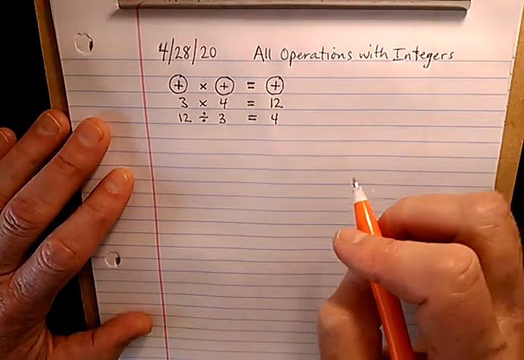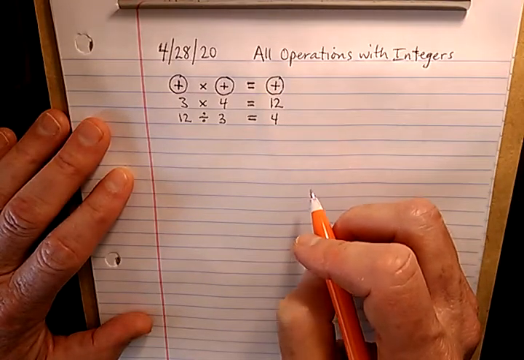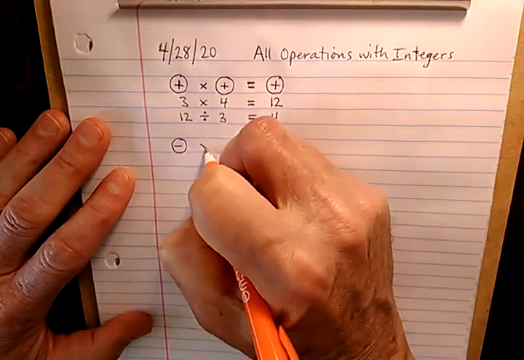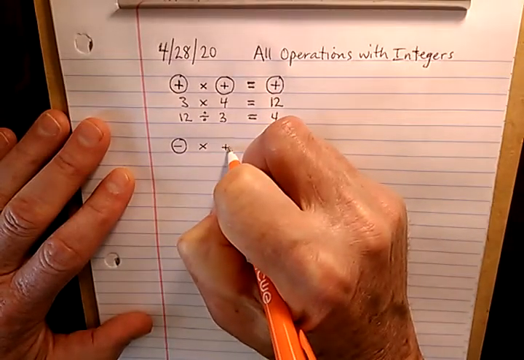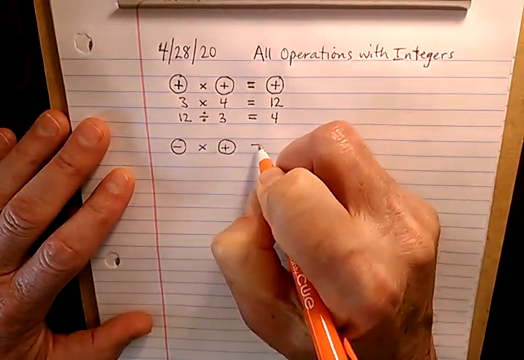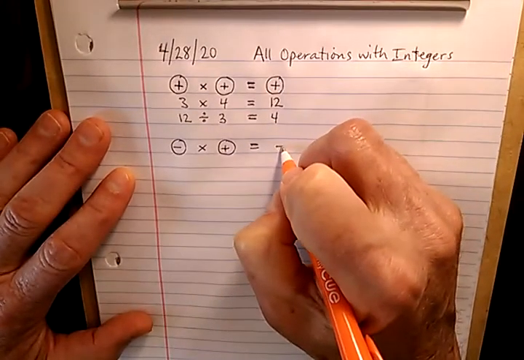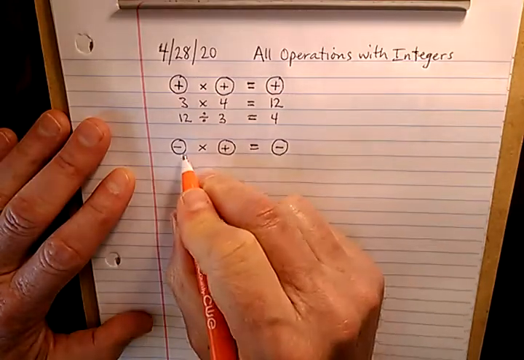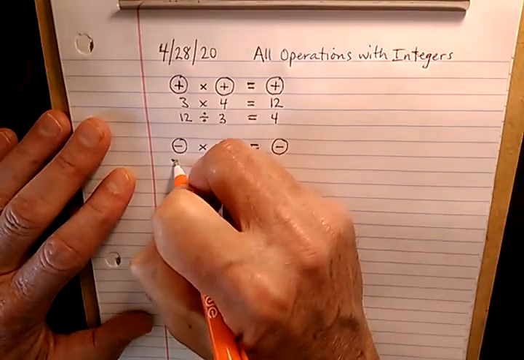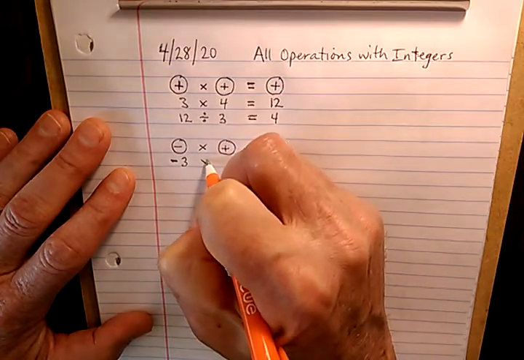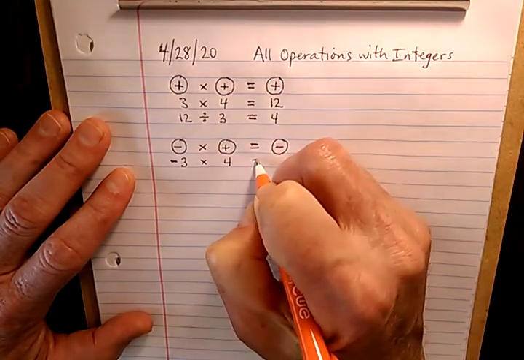Okay, but what if we throw a negative in there? Like, let's say we do a negative times a positive. Is that going to equal positive or negative? That will equal a negative because we put a negative into the problem. So negative 3 times positive 4 is going to give us negative 12.